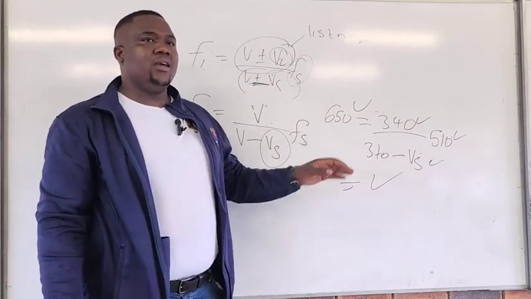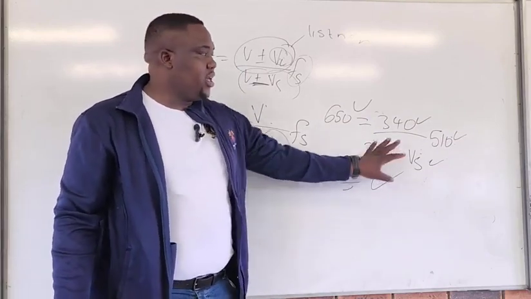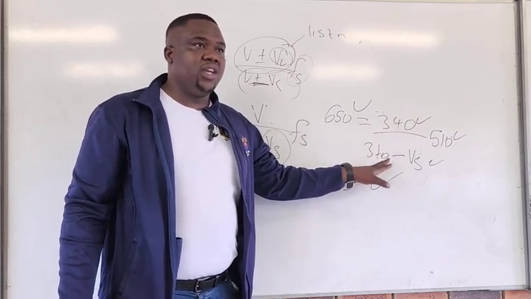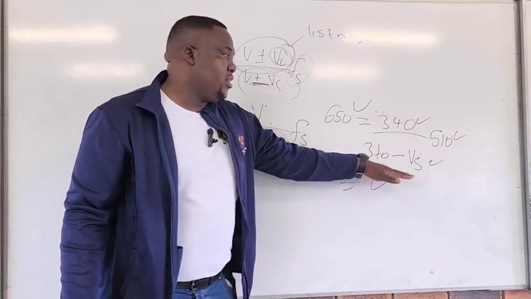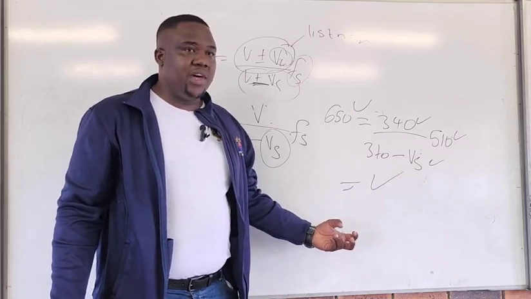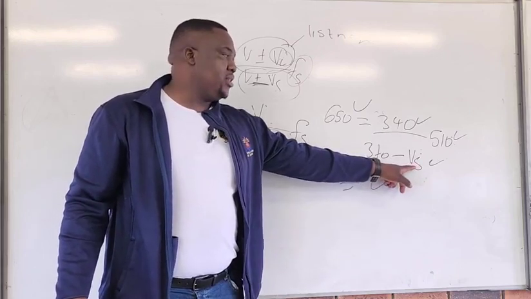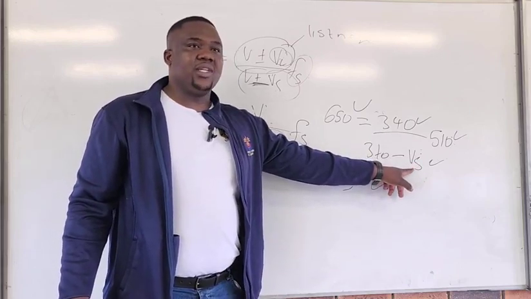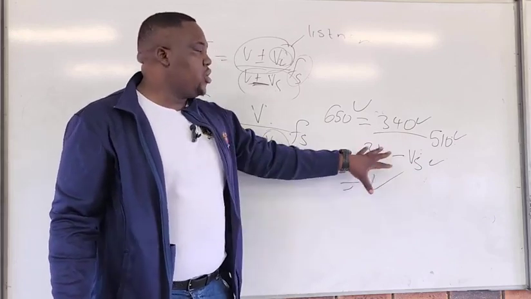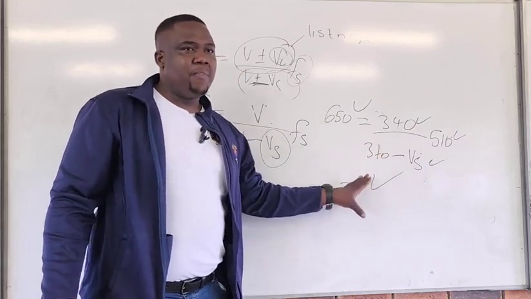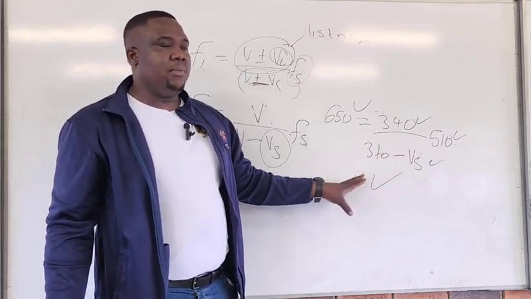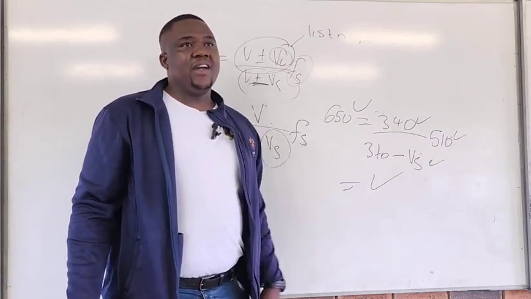Then the final answer will contribute the 5th mark. We are marking correct substitution. Can you see? By simply substituting, you get full marks. Then remember, you need to use math to try and make this VS the subject of the formula, but we will not mark that long step of math. We only mark substitution and the final answer.